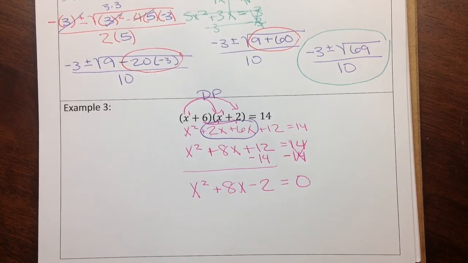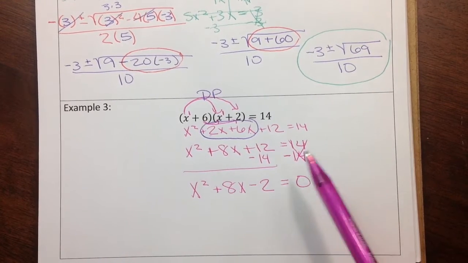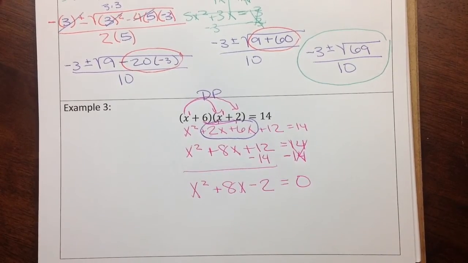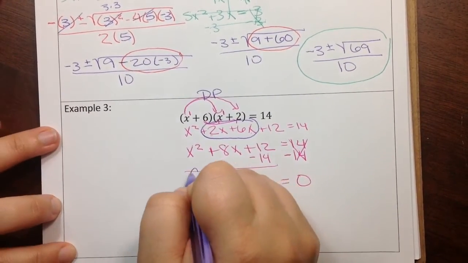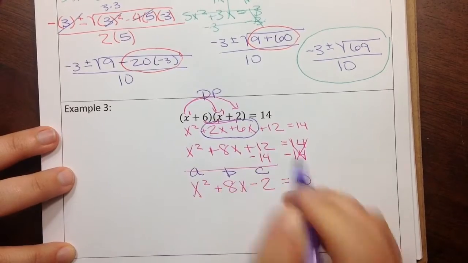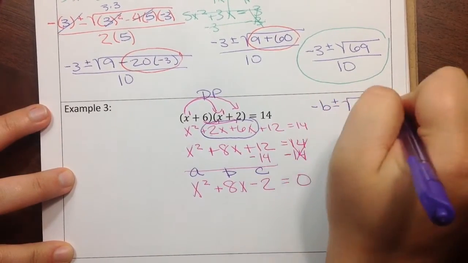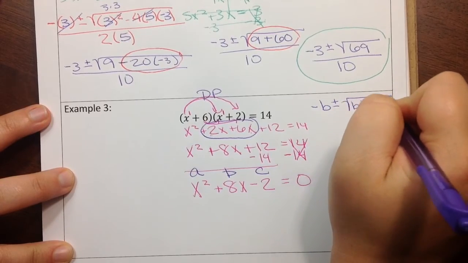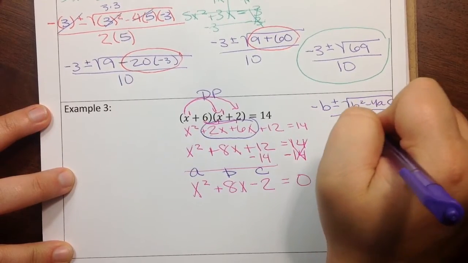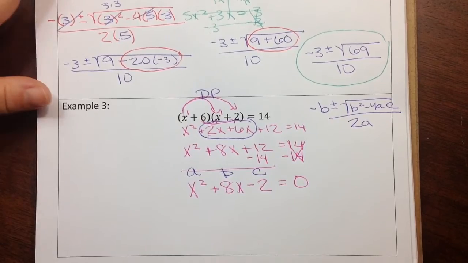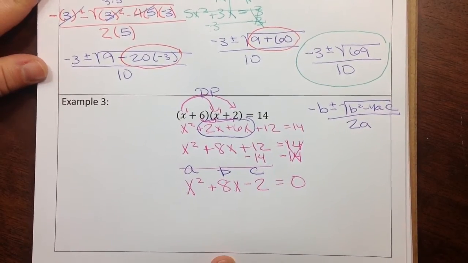So that's how you can set it up. After that, we would use the quadratic formula again. So here we go: a, b, c. Negative b plus or minus the square root of b squared minus 4ac all over 2a. But instead, of course, we're going to use our parentheses.